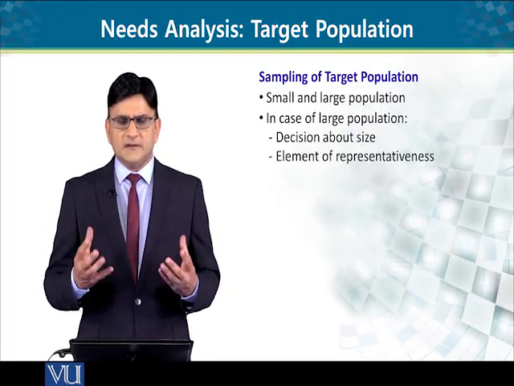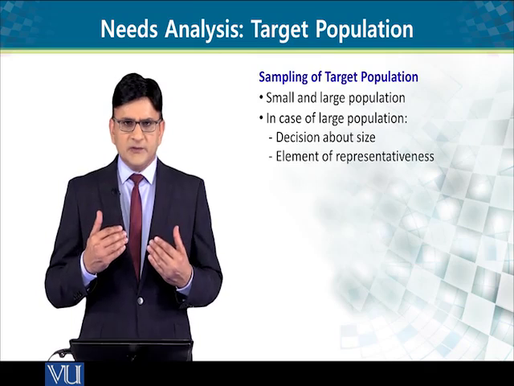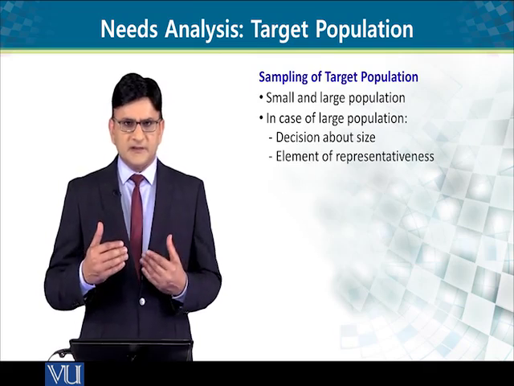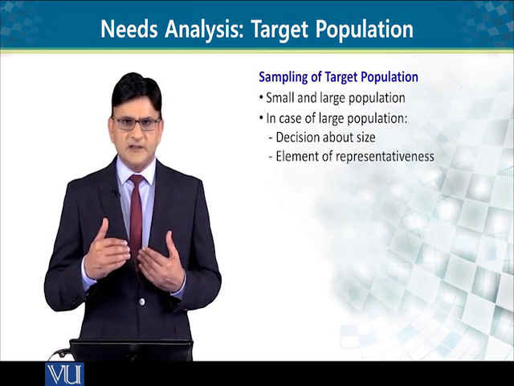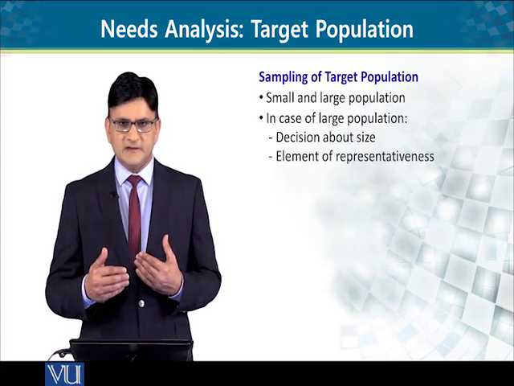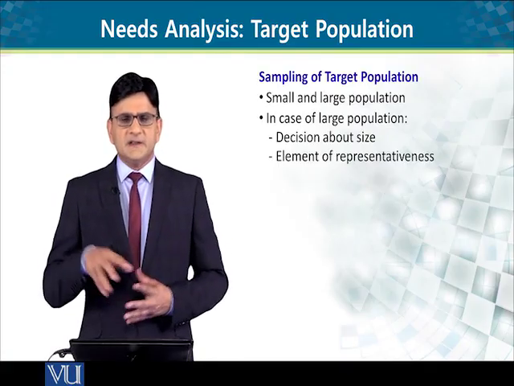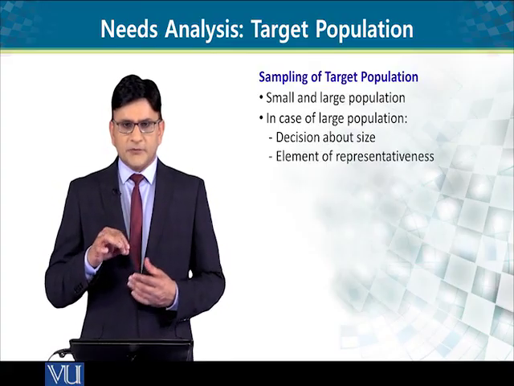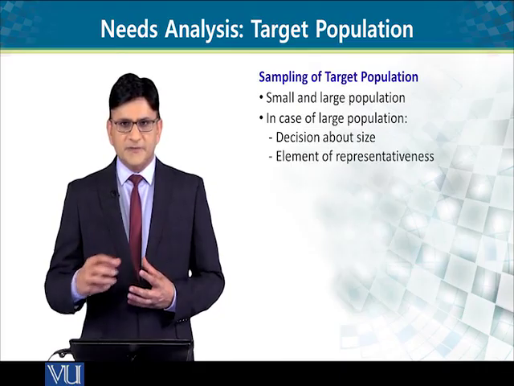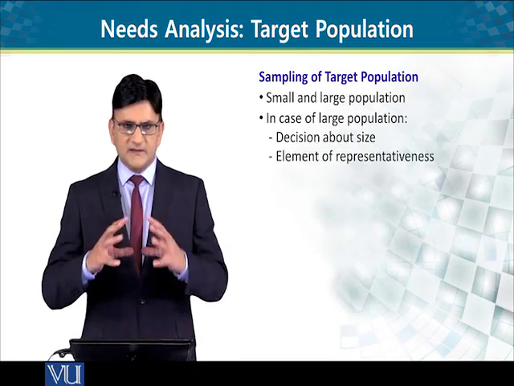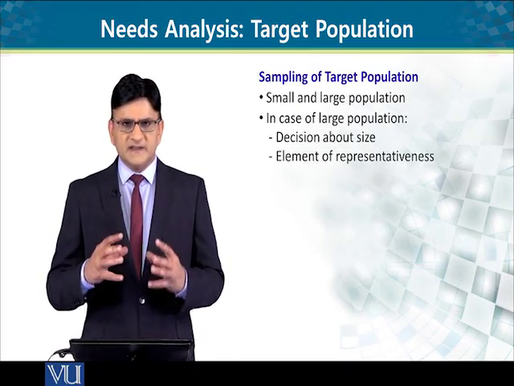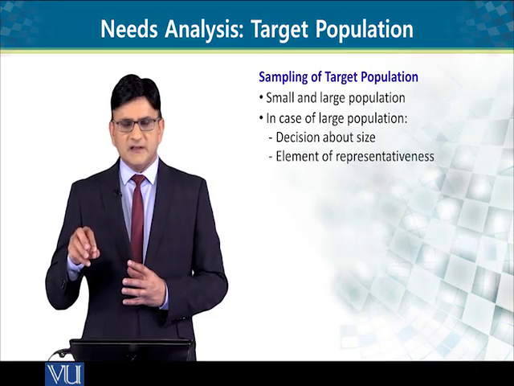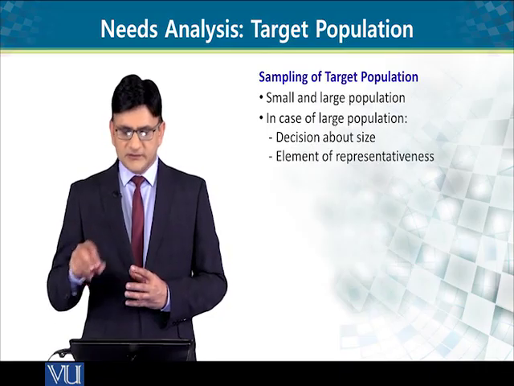The small population, I think you might imagine, might be the experience of a language teacher on a daily basis. For example, a teacher going to the classroom will be meeting a group of learners. Okay? That's a small population, and it's easy to study every individual student.